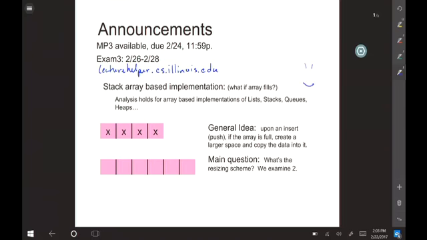Now, I assert that over the last couple weeks, this has been a minor source of anxiety for many of you. And that source of anxiety, I think, is tied up in using arrays to implement some of these abstract data types. It came up when we used an array to implement a list, and it came up when we used an array to implement a stack.